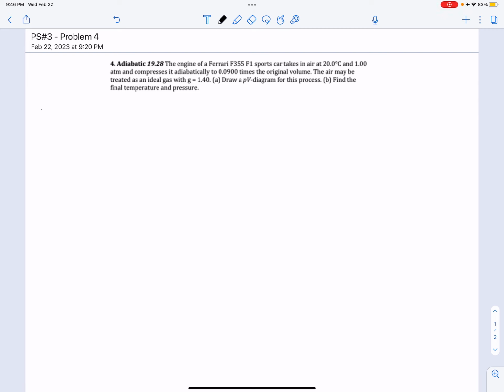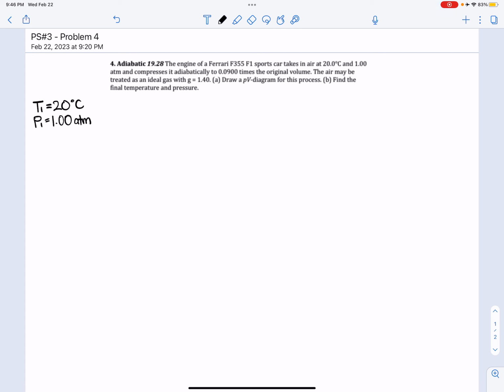Okay, so part A, let's first write down what we know. We know that the initial temperature is 20 degrees Celsius. The initial pressure is equal to 1.00 atm.